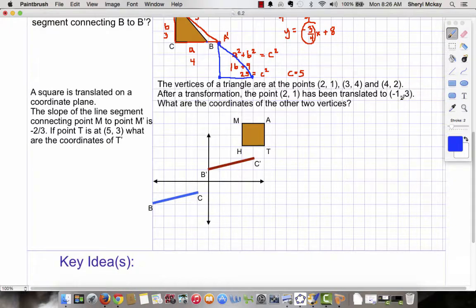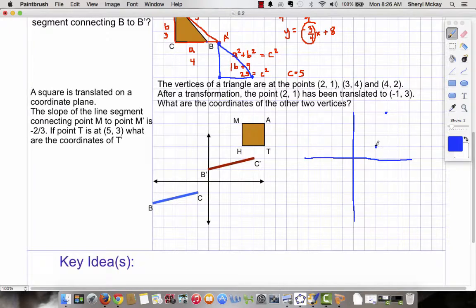All right, so we can actually graph it and we can figure it out. So let's go ahead and see. I'll make this my coordinate plane here. And we've got (2, 1), and (3, 4).